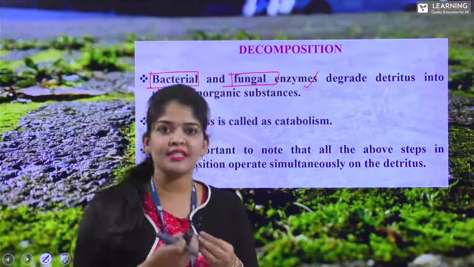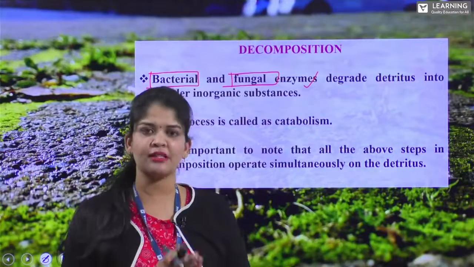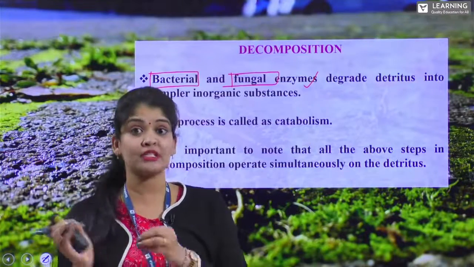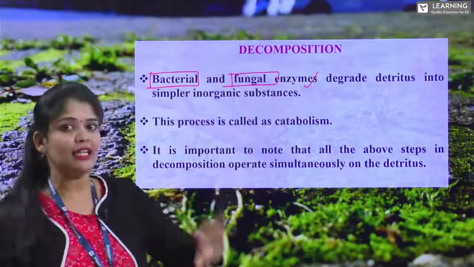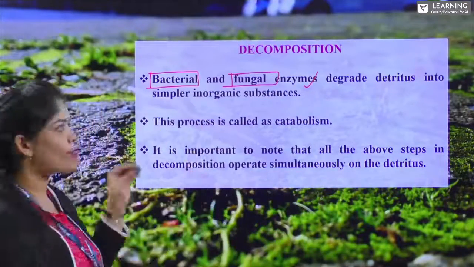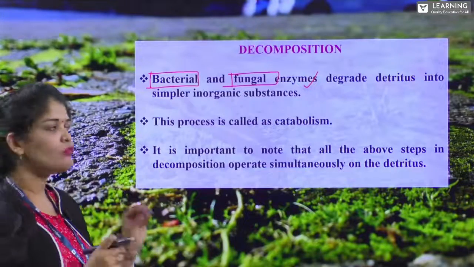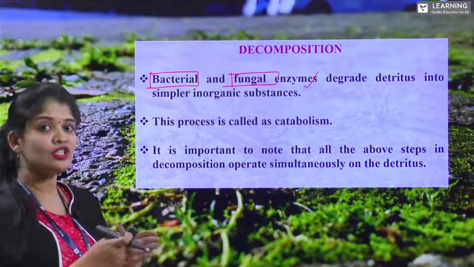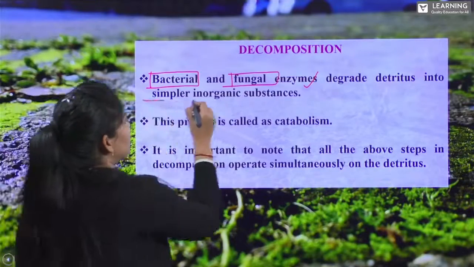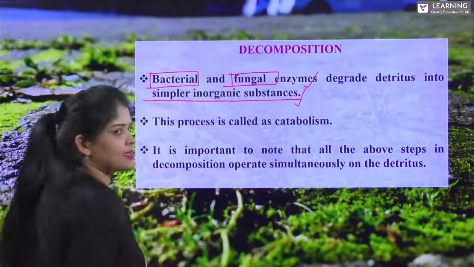Here the bacterial as well as fungal enzymes degrade the detritus into simple inorganic substances. Initially we discussed that decomposition is nothing but the breakdown of complex organic substances into simple inorganic substances. So here bacterial and fungal enzymes work on the detritus, which leads to its degradation into simple inorganic substances.